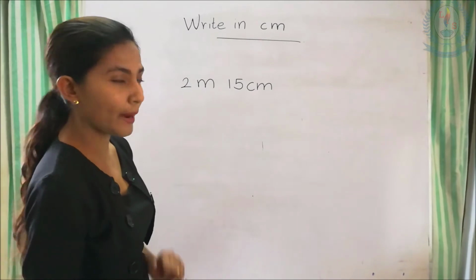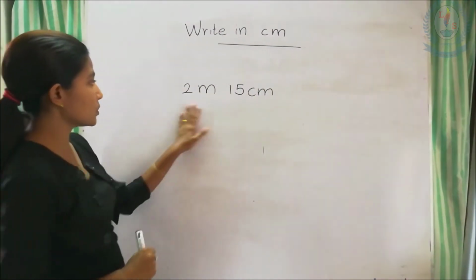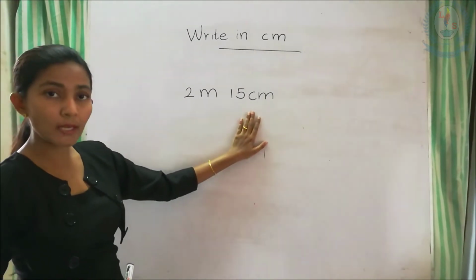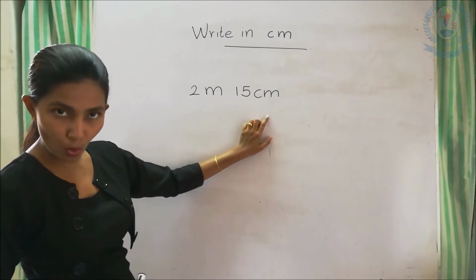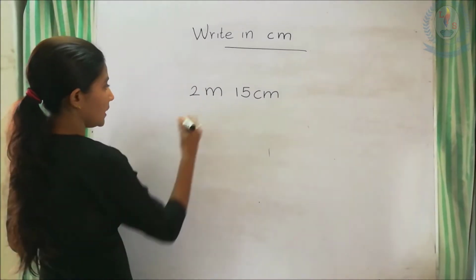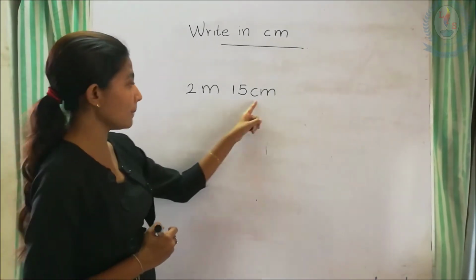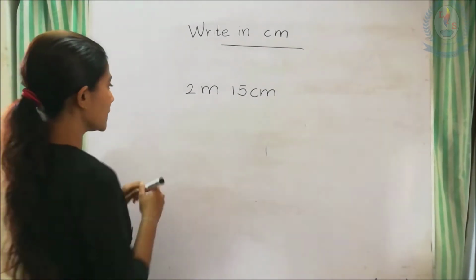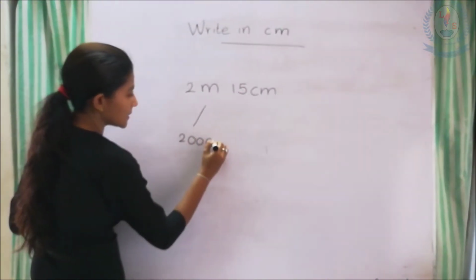Now, we will practice another question. Write in centimeters: 2 meters, 15 centimeters. There are 2 different units. So, as we did earlier, we have to convert this into the same unit. So, 2 meters means 200 centimeters.